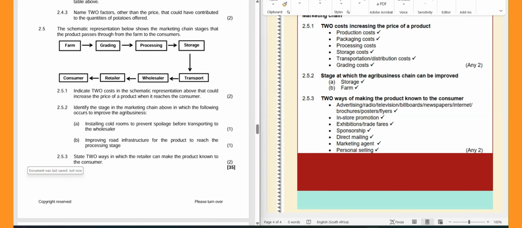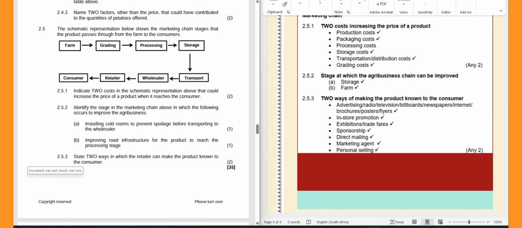If that product was able to make you happy, that means you have achieved customer satisfaction. That means the product has maximized your customer satisfaction, right? Okay, so I was talking about the paid advertising and the in-store promotion.